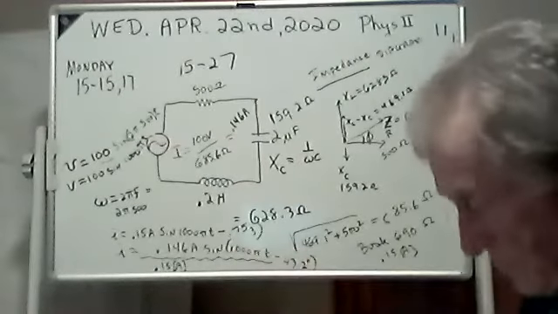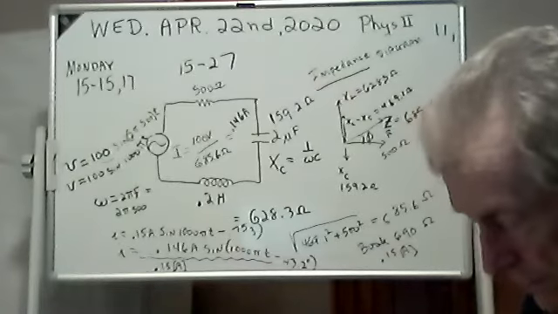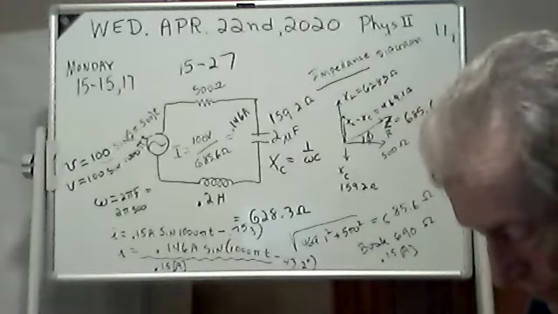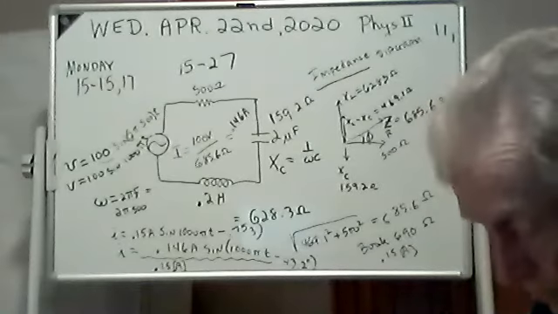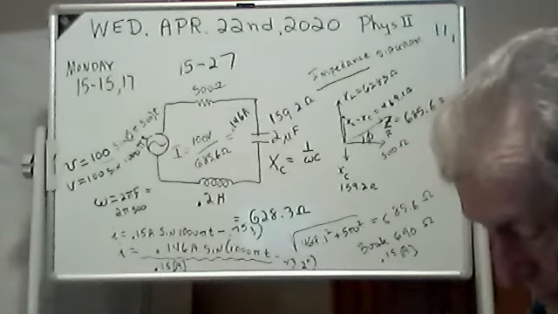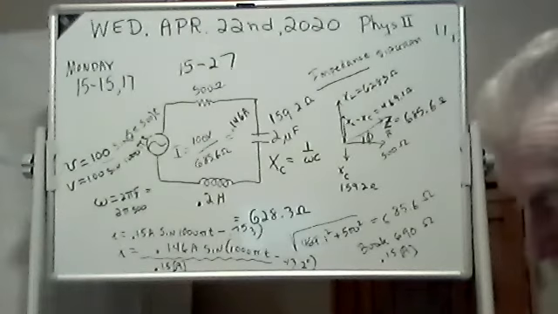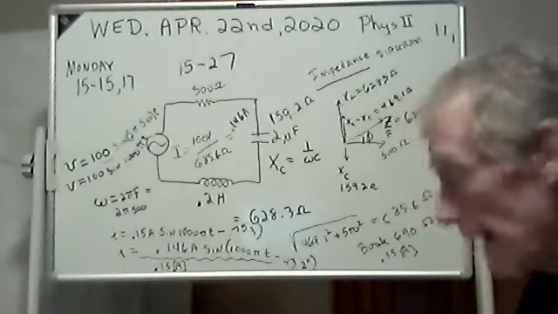Let's convert 0.753 to degrees. 0.753 radians. You multiply by 180 and you divide by pi. I'm getting 43 degrees, 43.14 something degrees. Hey, we got the answer.